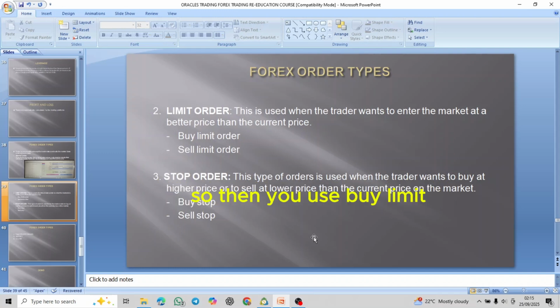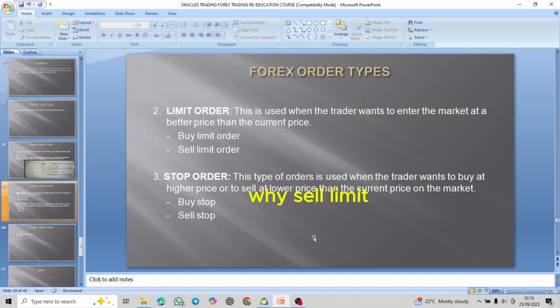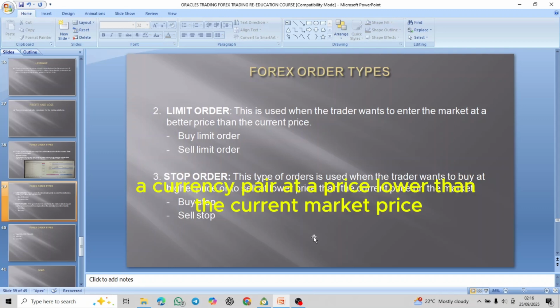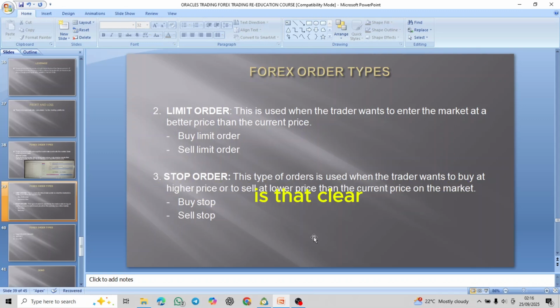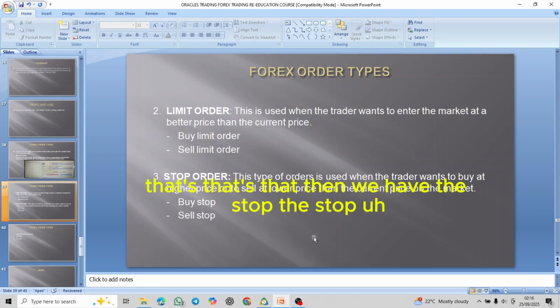Sell limit is used to sell a currency pair at a price higher than the current price, while buy limit is used to buy a currency pair at a price lower than the current market price. Is that clear? That's that.